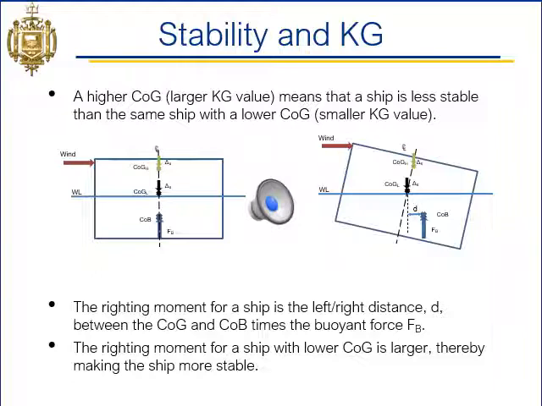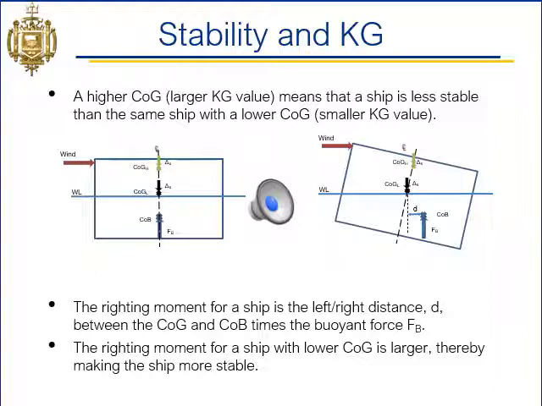And so if wind were to push a ship over to a list angle like you've got on the right, then you can see that the high center of gravity, the green, is actually closer left-right to the blue arrow than the low center of gravity, the black one. And so what we have labeled there, D, is actually the distance from the low center of gravity to the center of buoyancy. And so that D value would be larger than it would be if we drew it from the green arrow.